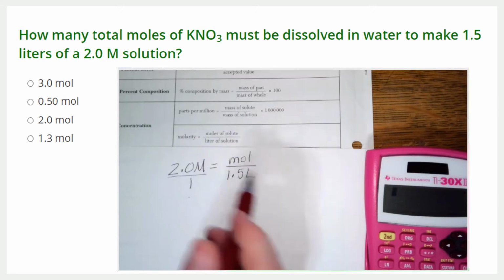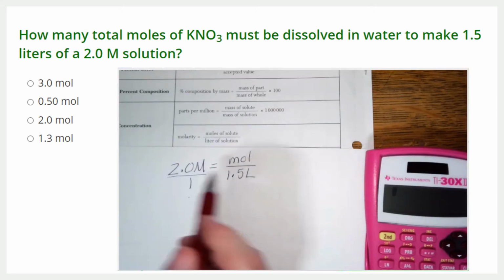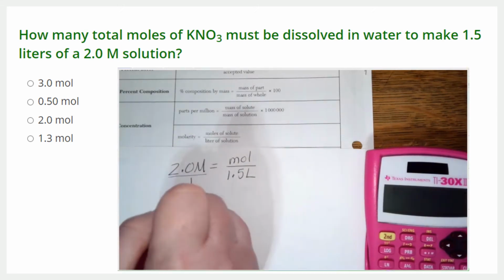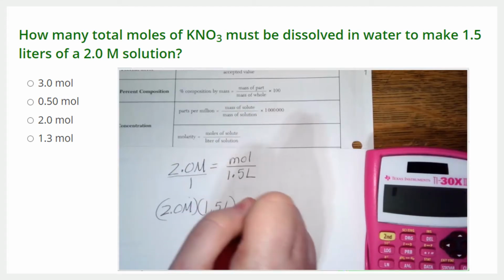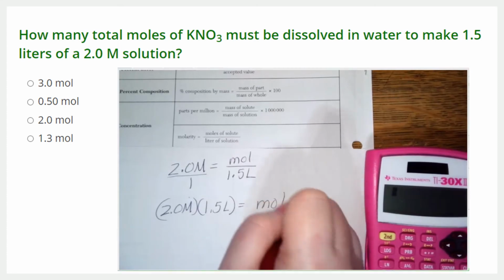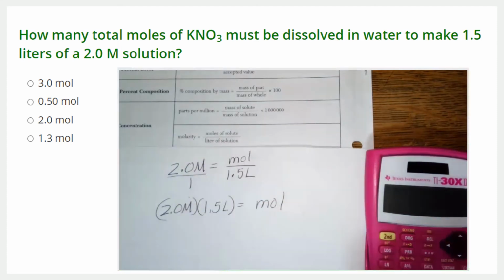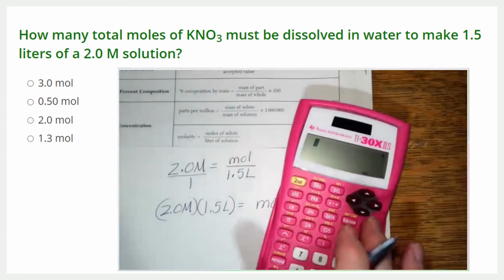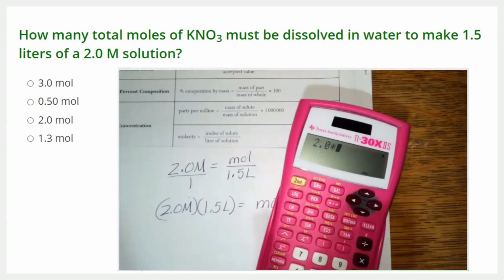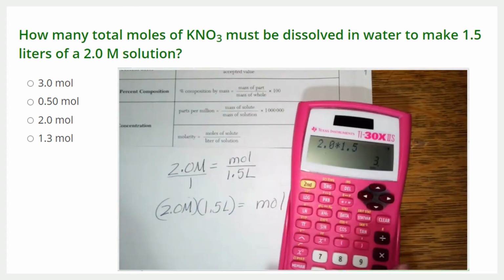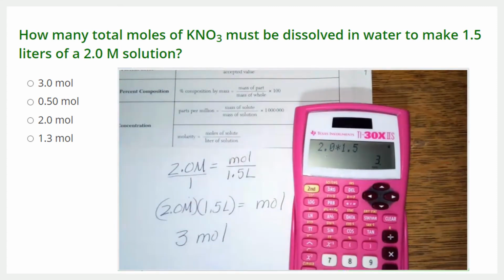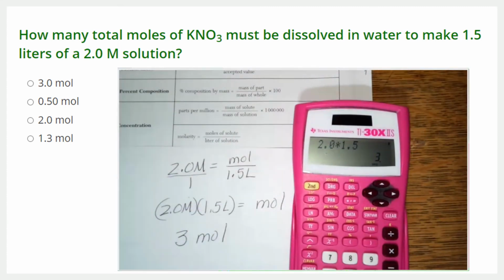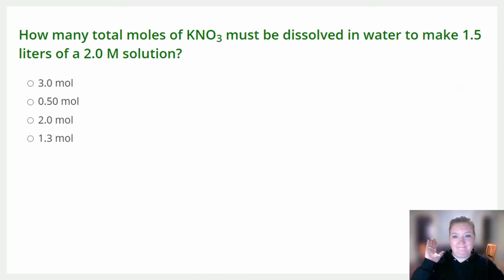So I'm going to model that one this way. I'm going to take 2.0 molar times 1.5 liters equals, well, 1 times moles is just moles. So now I need to multiply those together, and so I do 2.0 times 1.5 equals 3 moles. And then hopefully that's an answer. There we have it. There's our answer.